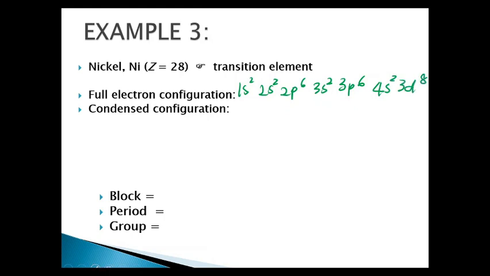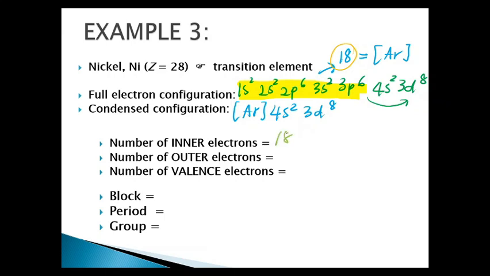You're going to condense 1s2, 2s2, 2p6, 3s2, and 3p6, so that would be argon, the same as potassium.